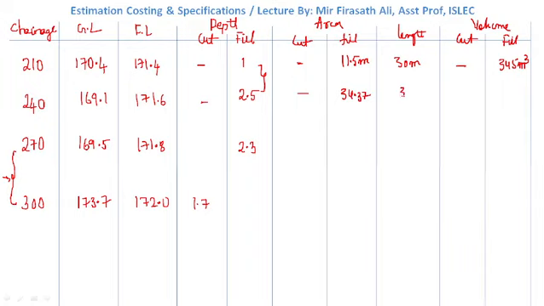And the average length is 30 meters. If we multiply this, what will be the answer? 34.7 into 30, 1041. 1041 meter cube basically.